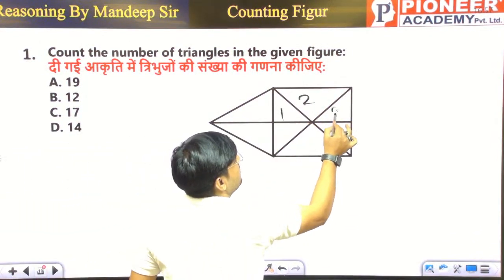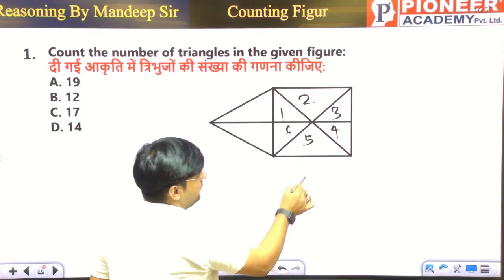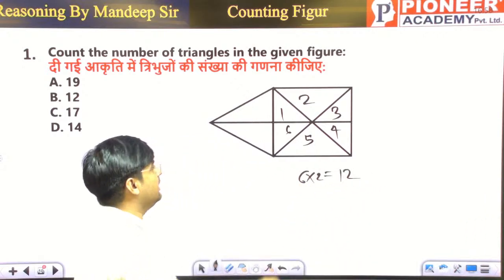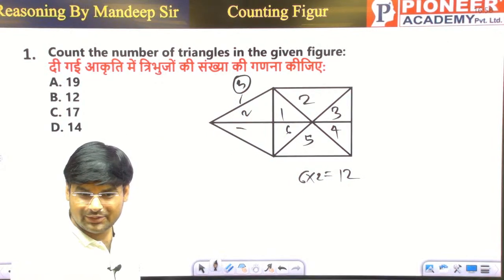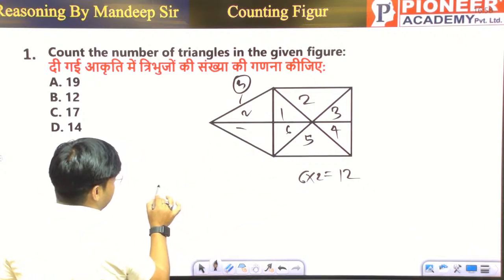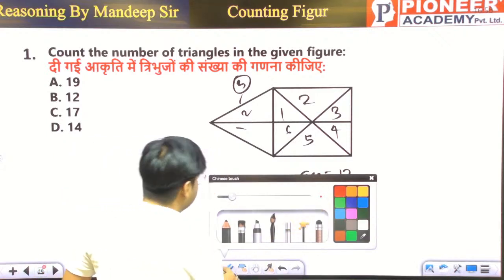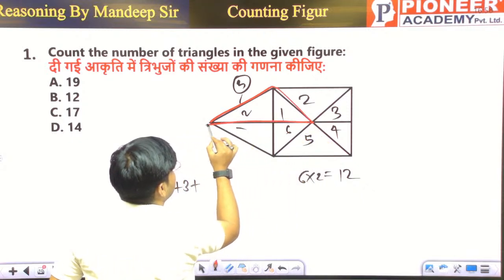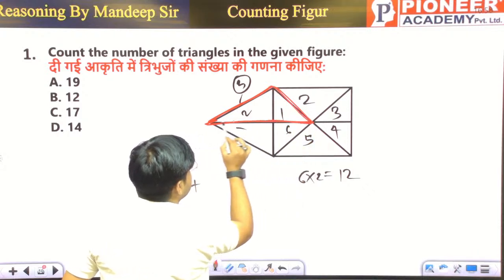1, 2, 3, 4, 5, 6. We have to double the largest number, 12. 1 and 2. There are 3 triangles also. Clear? 12 plus 3, plus, you see, this one, it's also a triangle.